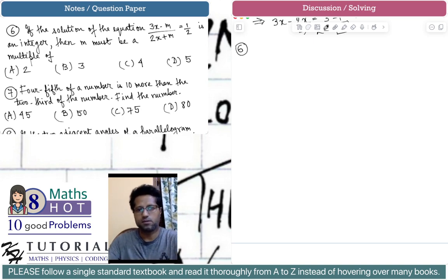So let's first write the equation. So it is 3x minus m divided by 2x plus m is given to be half.